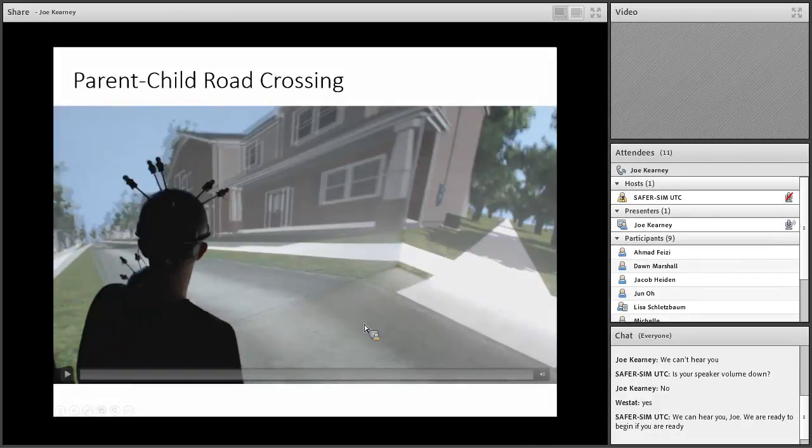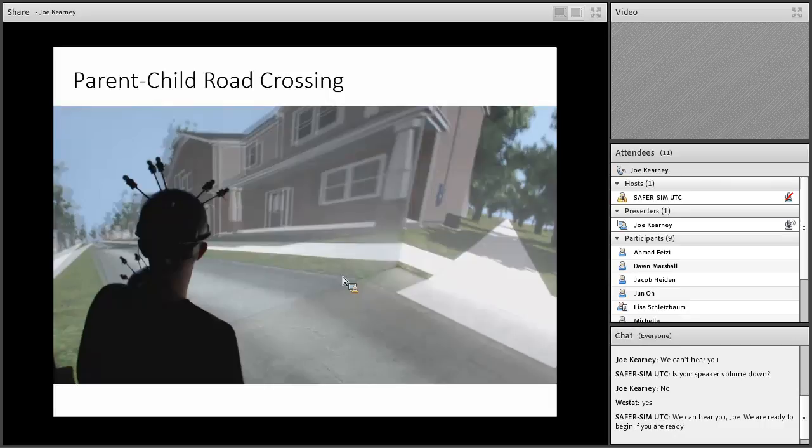Okay, so we're just going to show you a video of this particular study, but we have also started to do some work looking at how parents and kids cross roads together. And our interest here is in understanding more about how parents might teach their kids to cross roads and how they also negotiate the decision about when to cross together. So this study involved kids who were 8, 10, and 12 years old, and they came in with a parent and did the same kind of road crossing task as we've shown you before.